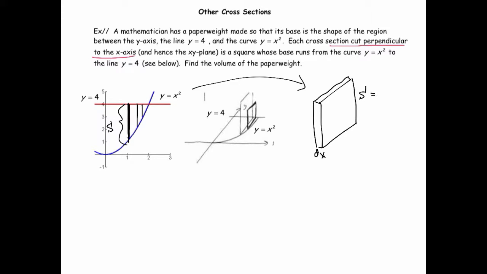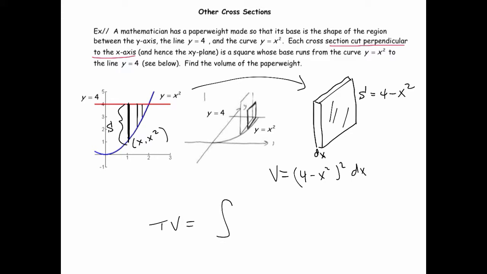So that's going to be 4 minus the y-coordinate of this point, which would be x squared. So the volume of this would be the area of the face, which is 4 minus x squared, times dx. And so the total volume would be the integral from 0 to 2 of 4 minus x squared times dx.